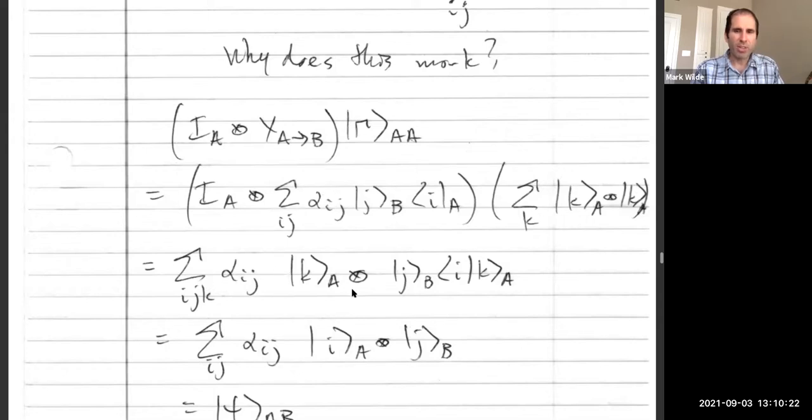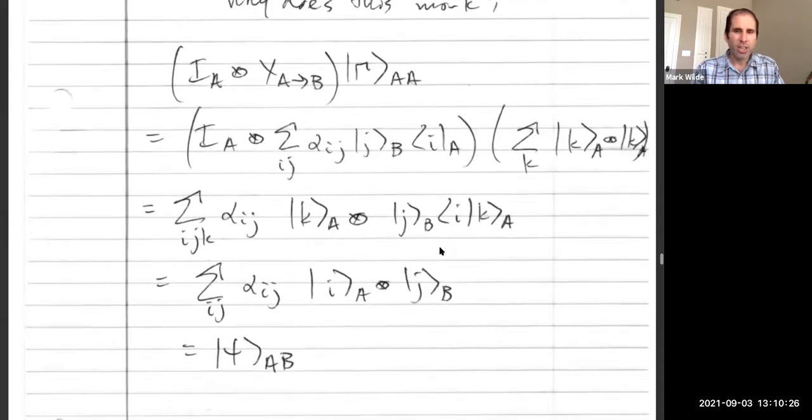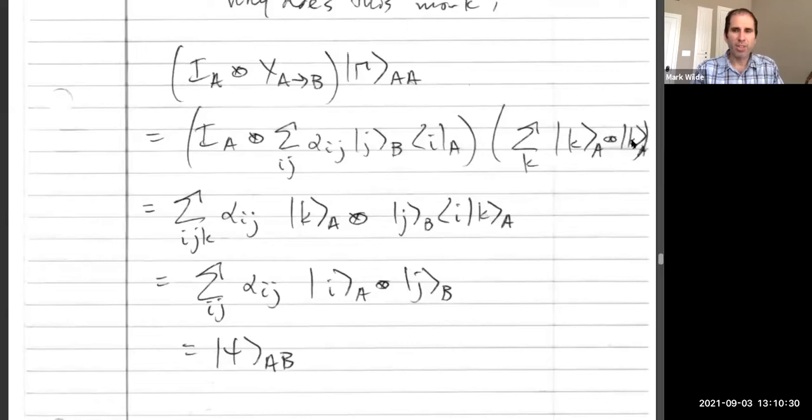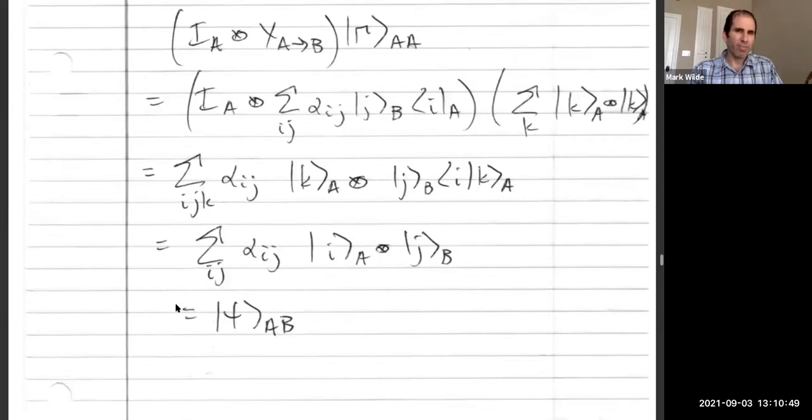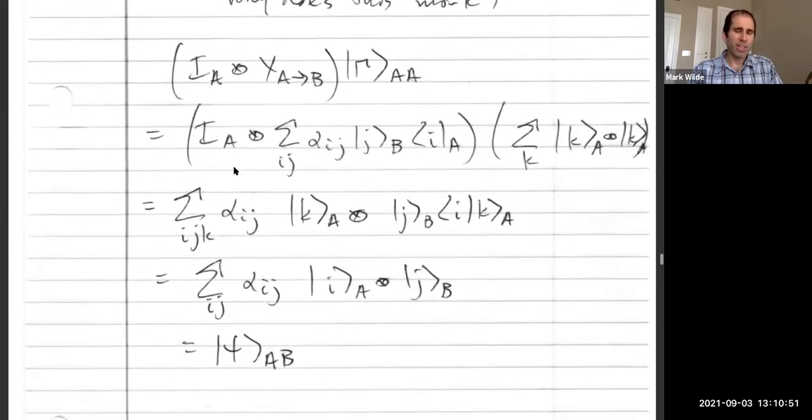Identity acted on this, so we just have ket k here, and now we have i overlapping with k on this factor. And we said previously that this is a Kronecker delta, so the sum over k can be eliminated, and then we just get j left over here. But that's precisely how we define psi. So that's the connection, and it's pretty simple.